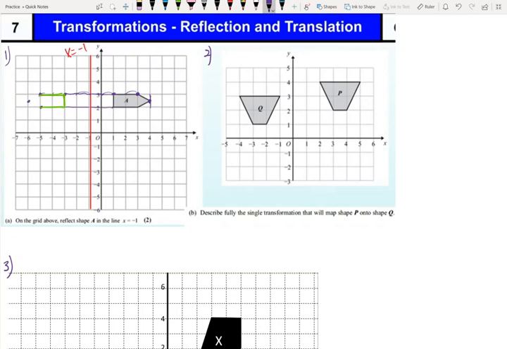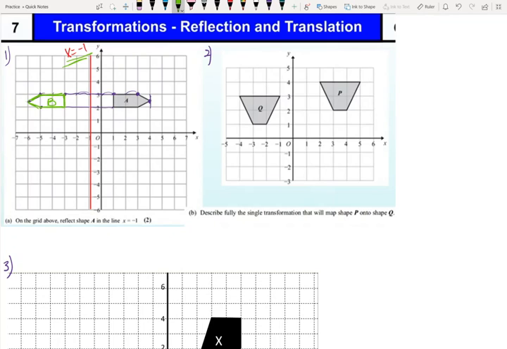So this is going to be halfway through this segment, and then you join these two vertices together and you get shape B, which is the reflection of shape A with respect to x equals -1.